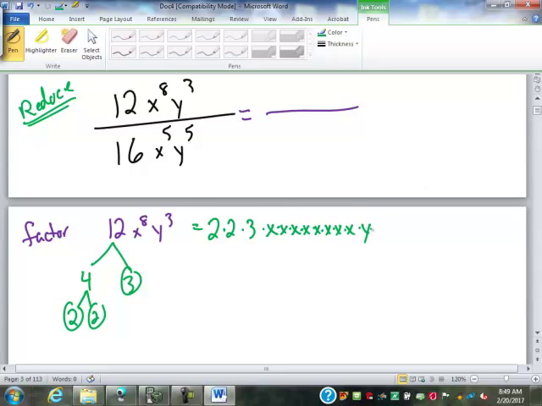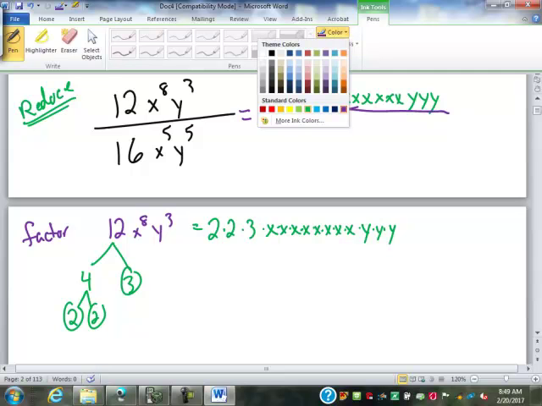Y to the 3rd is just 3 y's multiplied together. So I factored my 12x to the 8th, y to the 3rd.